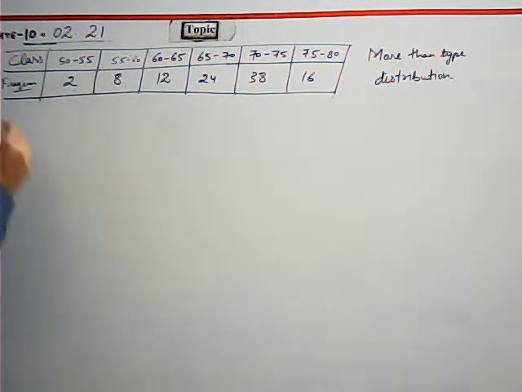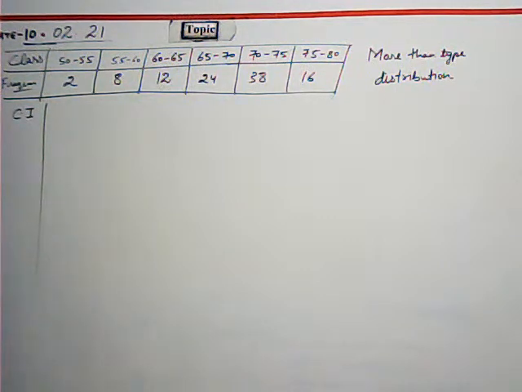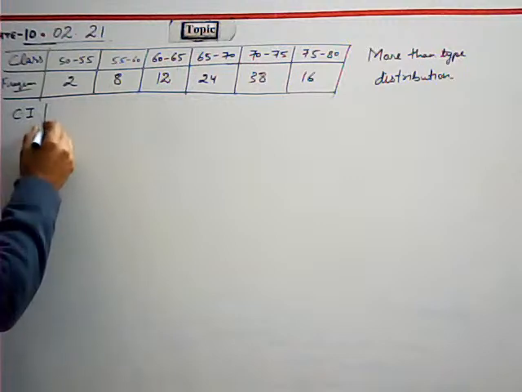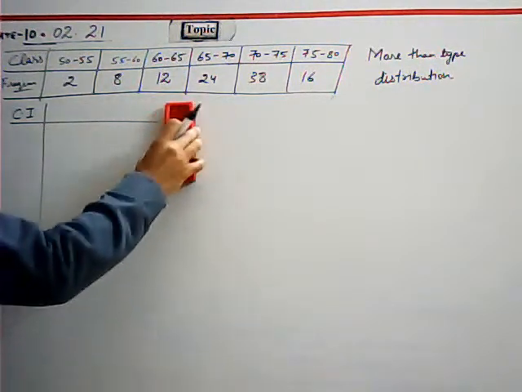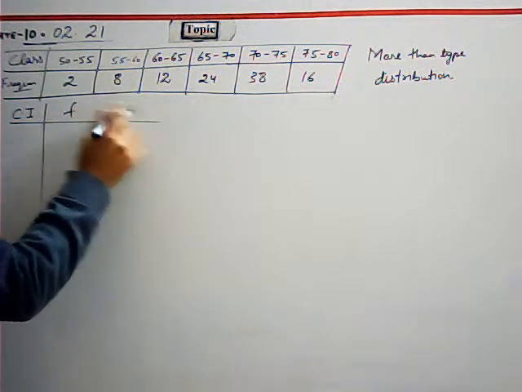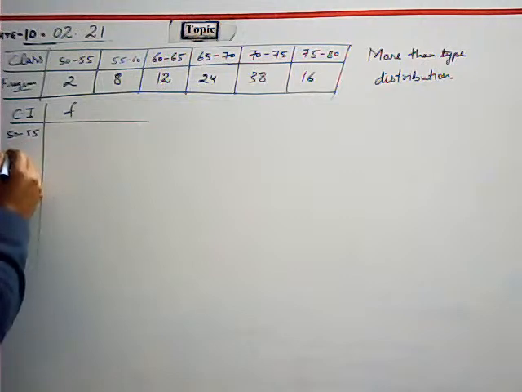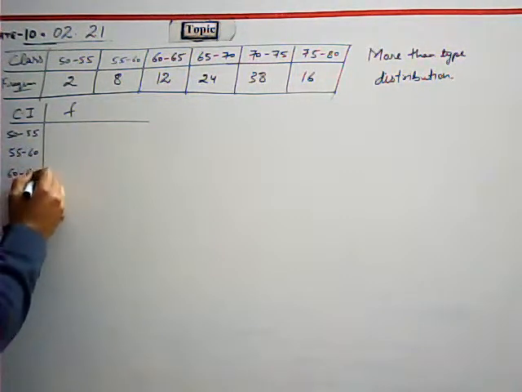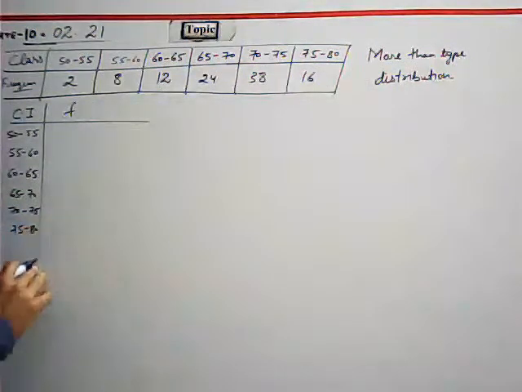So here we can write first the class intervals, okay? The class intervals, and here we can move with the frequency. It is given here, that is 50 to 55, 55 to 60, 60 to 65, 65 to 70, 70 to 75, and 75 to 80, right?